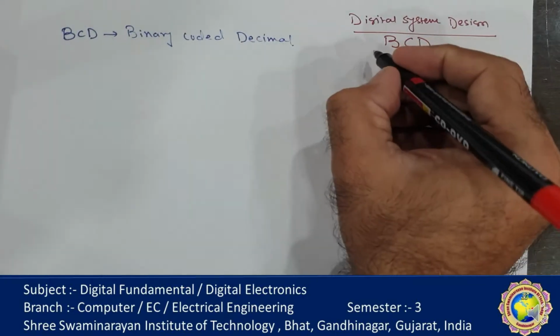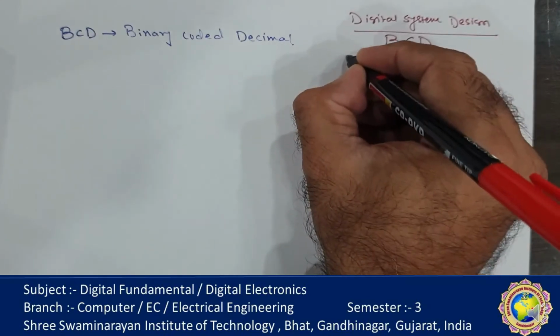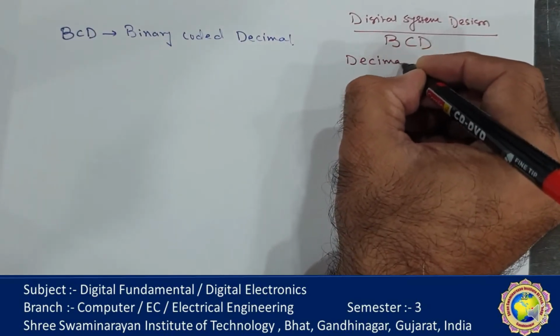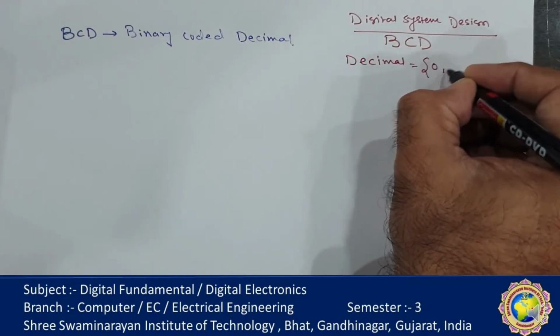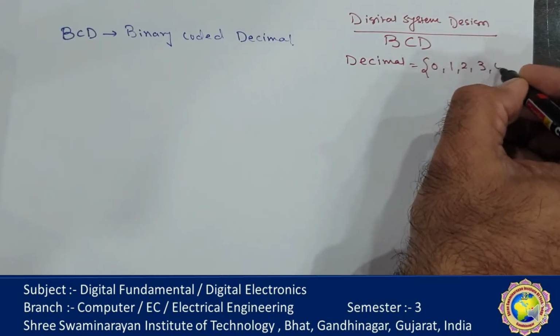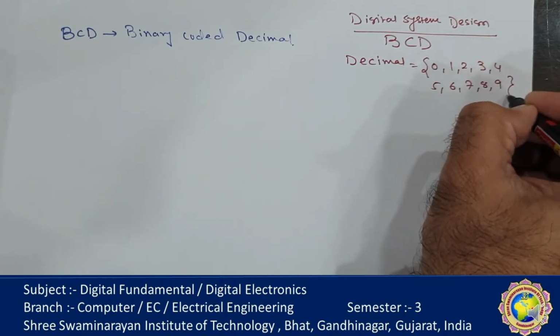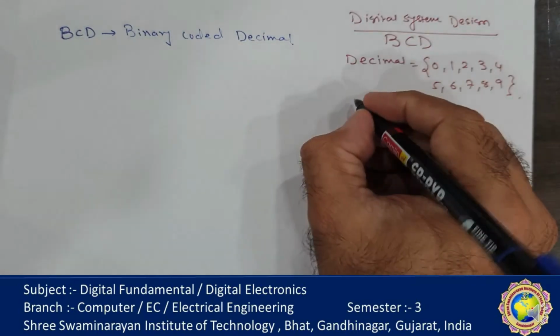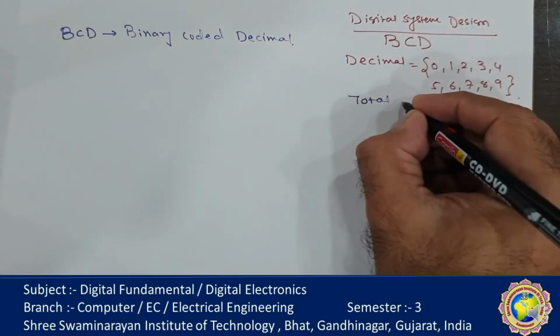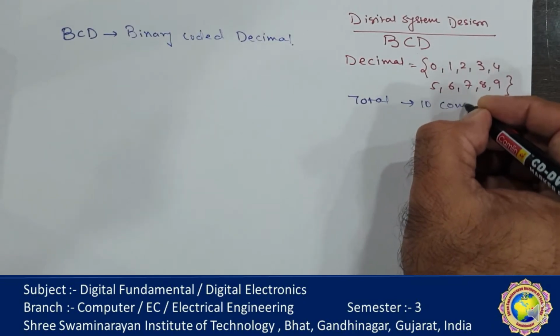In decimal numbers, the combination is 0 1 2 3 4 5 6 7 8 and 9. Total 10 combinations.